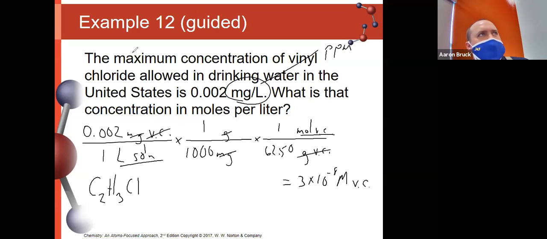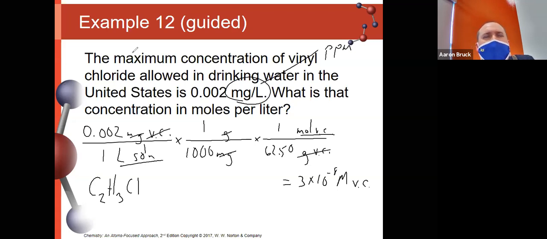So this is kind of an illustration. This is why we don't use molar concentrations for things that can be expressed in parts per million or parts per billion. In this case, 0.002 parts per million is 2 parts per billion. And so a 2 part per billion solution of this particular compound has a molar concentration of 3 times 10 to the negative 8th.